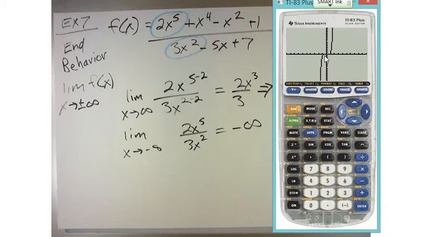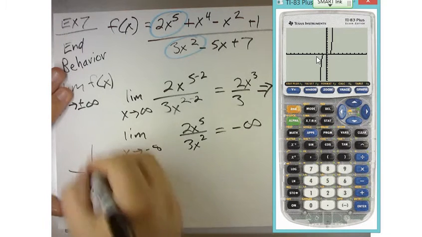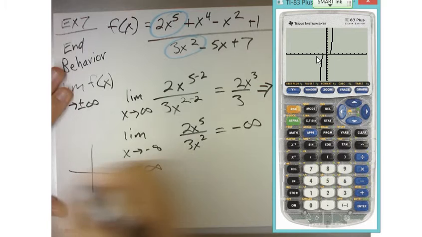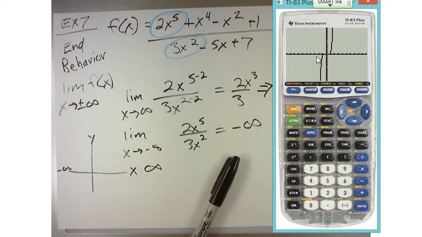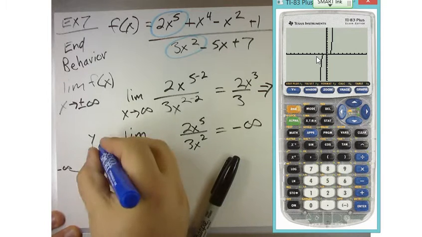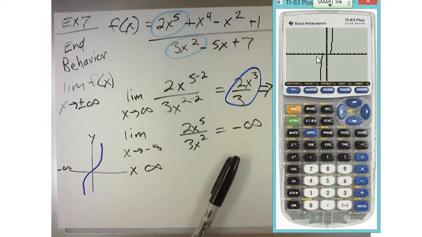As I approach negative infinity, what does my y value approach? Negative infinity, right? So as I go to the left, let me write this down on paper so you guys can see it. This is positive infinity, this is negative infinity, this is the y direction, and it's a cubic, right?